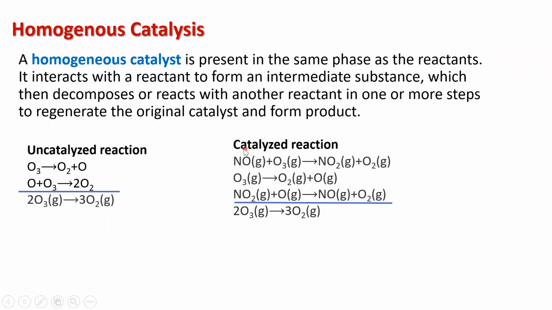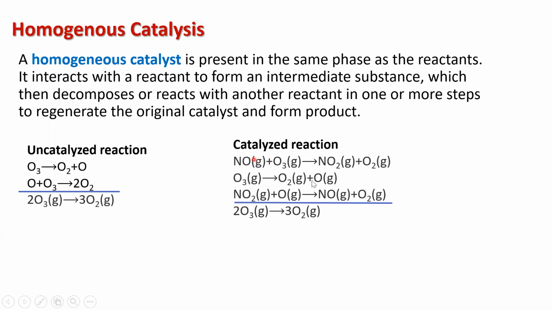So if we add in nitrogen monoxide, it actually changes the reaction mechanism. Now, the nitrogen monoxide is consumed in this step, but it's reformed in the last step. So it's not part of the overall reaction. And by definition, that's what a catalyst is.